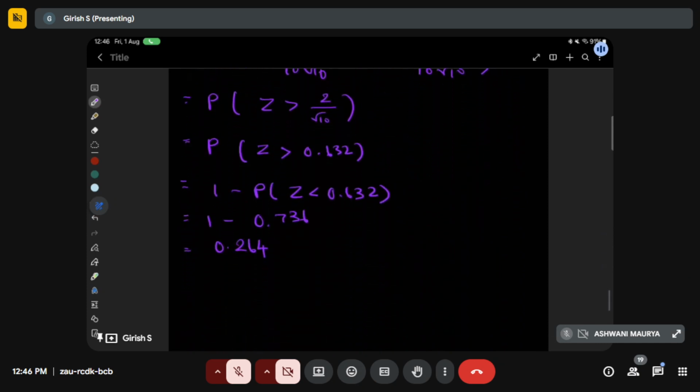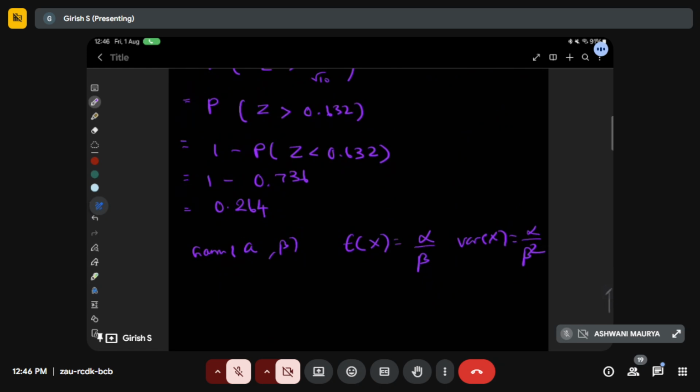For the gamma distribution, gamma of alpha, beta, the expected value of X is alpha by beta, and the variance of X is alpha by beta square. Mostly it will be given in the formula sheet, so you can just substitute and use it.